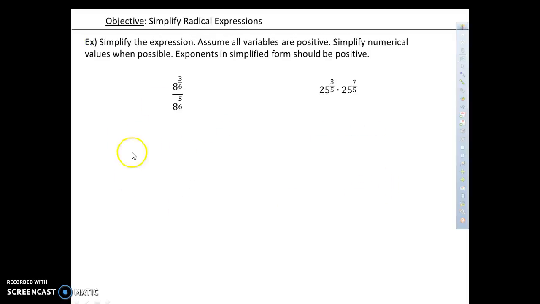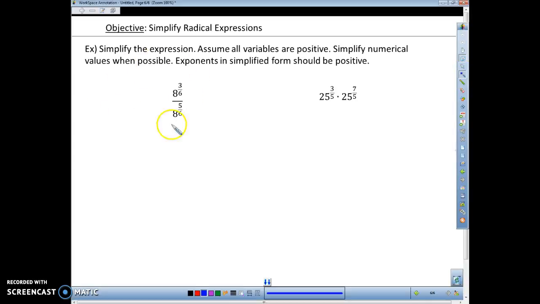Okay, a couple next examples are going to touch on the product of powers property and quotient of powers property. So here, notice I have the same base, right? They're both 8, and I want to evaluate this.